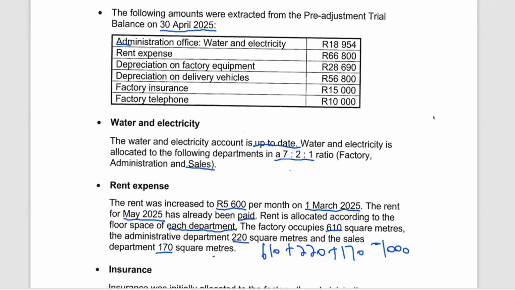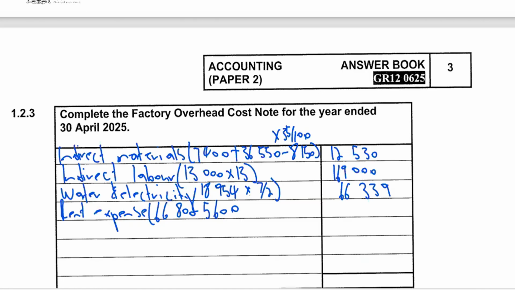Then what do we want? We want the one for the factory, which is 610. So 66,800 minus 5,600 gives 61,200 multiplied by 610 divided by 1,000. Then we get 37,332.